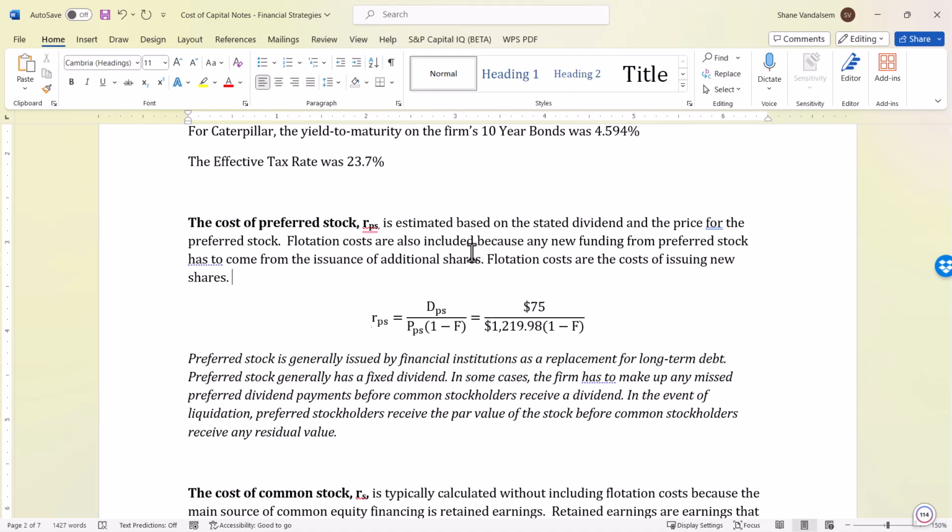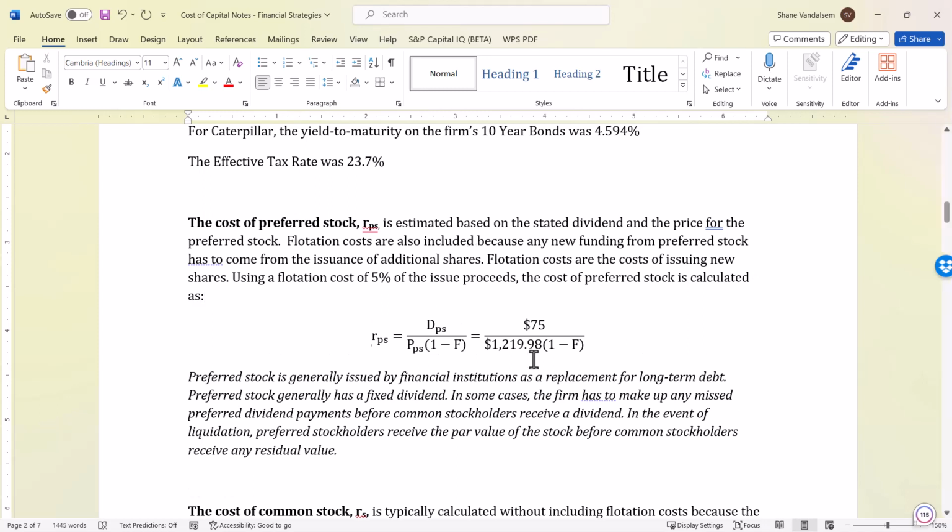So using a flotation cost of 5% of the issue proceeds, the cost of preferred stock is calculated as, so down here I'm going to put in 0.05 because we're going to say it's going to cost us 5% of any dollar that we issue in order to get the preferred shares issued.